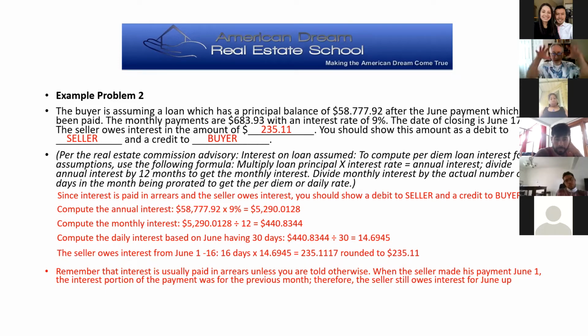You want to read the question in its entirety, get to what they're asking about, and then go back and use only the information you need to answer the question. So in this instance, they gave us everything, including the monthly payment. But when we get to the question, the questions are, who's getting debited, who's getting credited, and what's the amount? Well, I don't need to know 683.93 as a monthly payment to answer those. You follow me now?